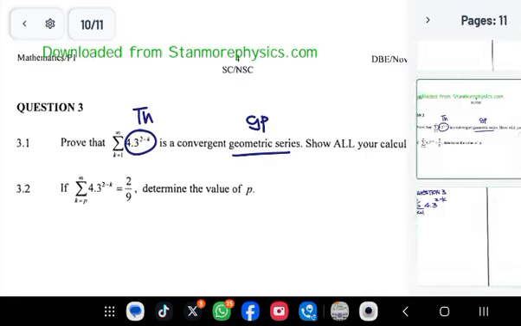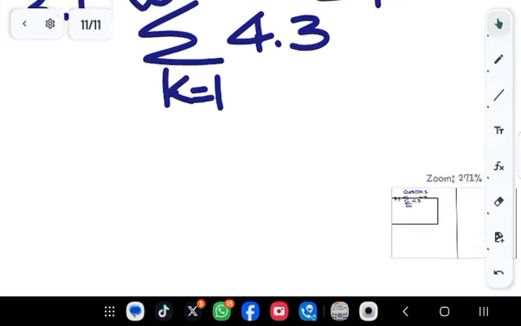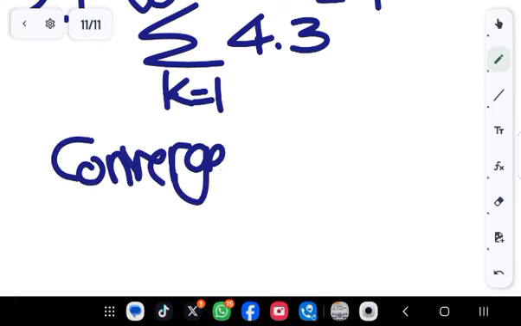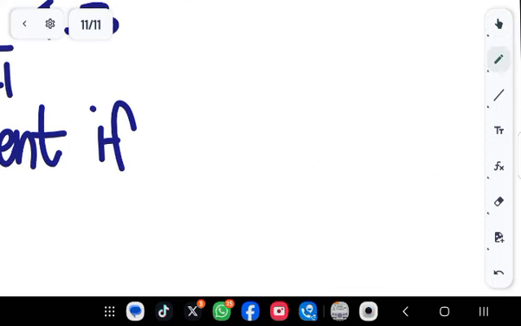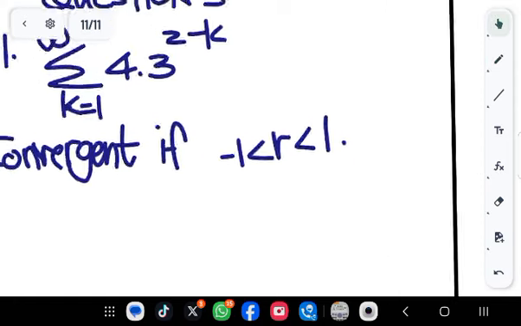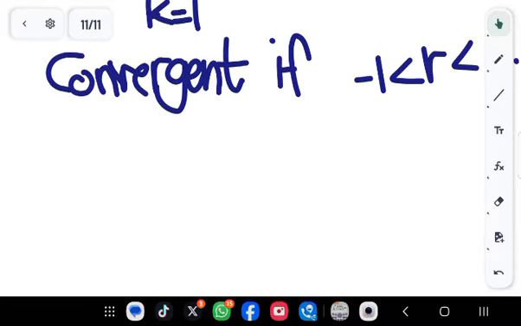We're supposed to show that this is a convergent geometric series. Now for this to be convergent, your constant ratio must be between 1 and -1. So we need to find what the constant ratio is so that we can compare if it meets this requirement.